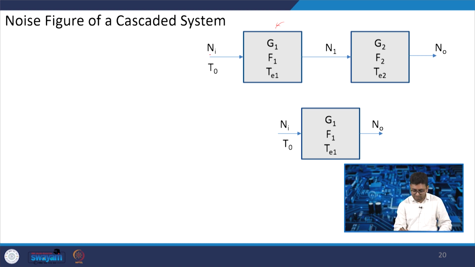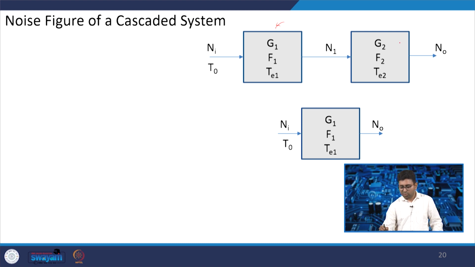So, I have noise input power Ni, and for the first system the gain is G1, the noise factor is F1, the equivalent temperature of the first component is Te1, and the output of that is given by N1. Then for the second component, the gain is G2, noise factor is F2, equivalent temperature is Te2, and that is the output of the complete system.